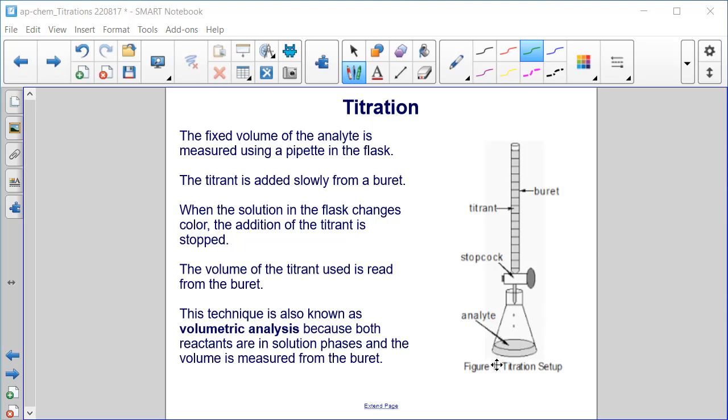When the solution in the flask changes color, then we stop the addition of titrant. Then we can measure from the burette the volume of the titrant used. This technique is also known as volumetric analysis because both reactants are in solution phases and the volume is measured from the burette.